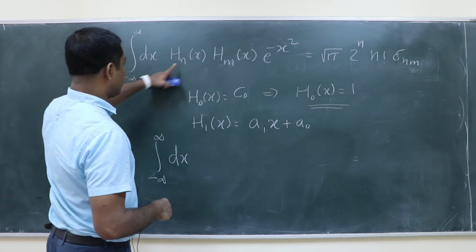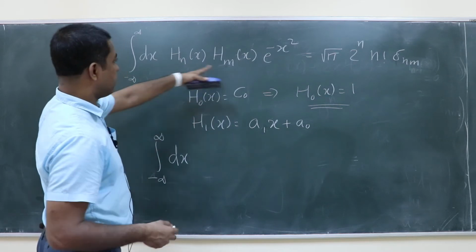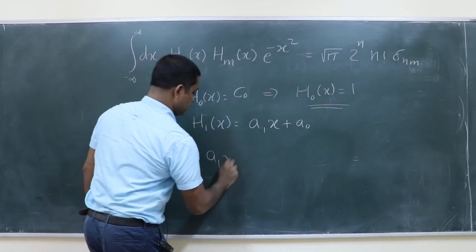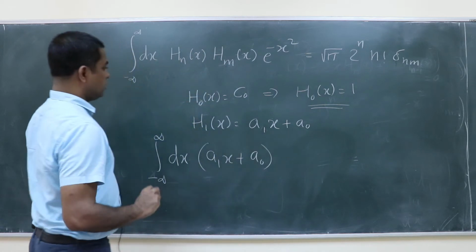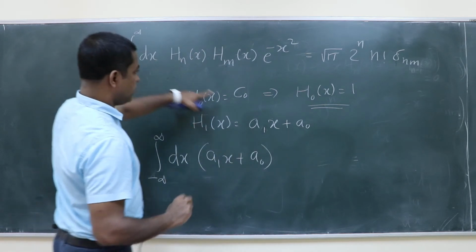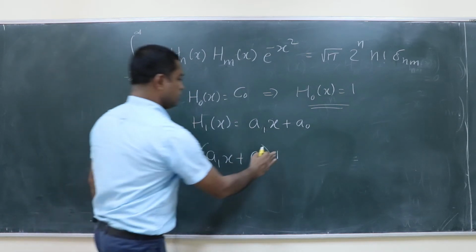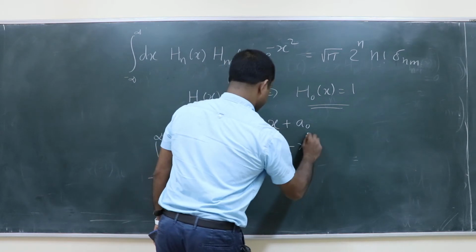Put n equal to 1 and m equal to 0. So what you get? a1x plus a0, then into 1, since H0 of x is 1, no need to write. Then e to the power minus x square.